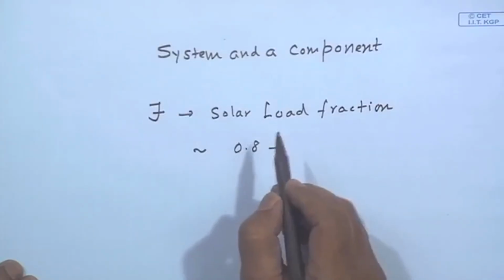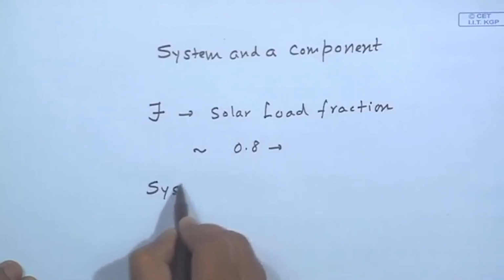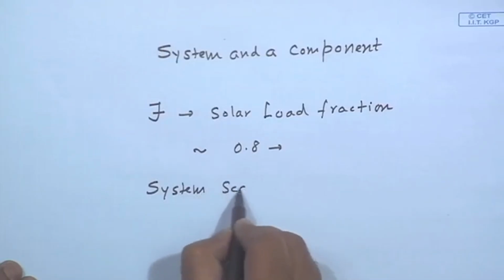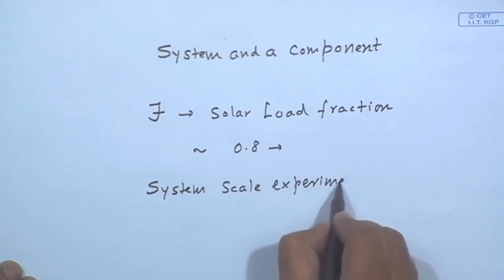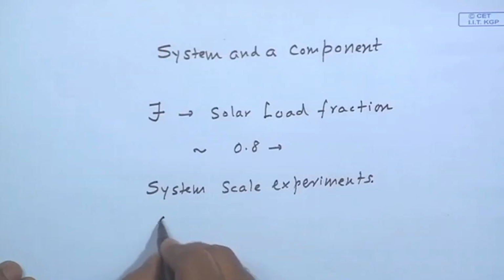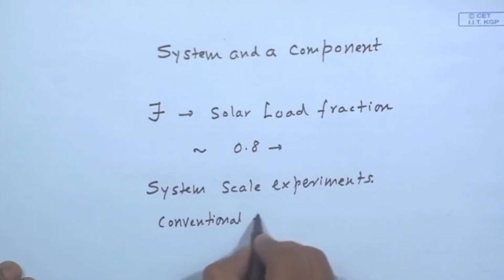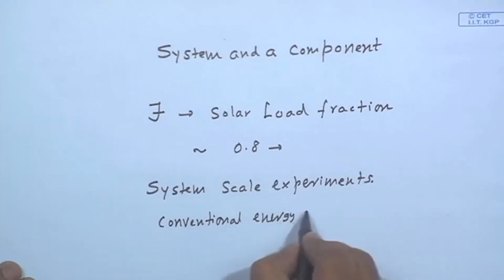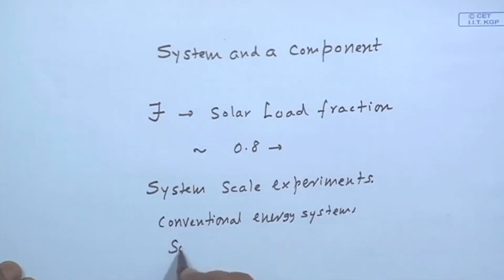Now, the whole objective of this course has been finally to determine this solar annual load fraction, and the first possibility is system scale experiments. Here is where we recognize the difference between conventional energy systems, or for that matter any component, and the solar energy system.